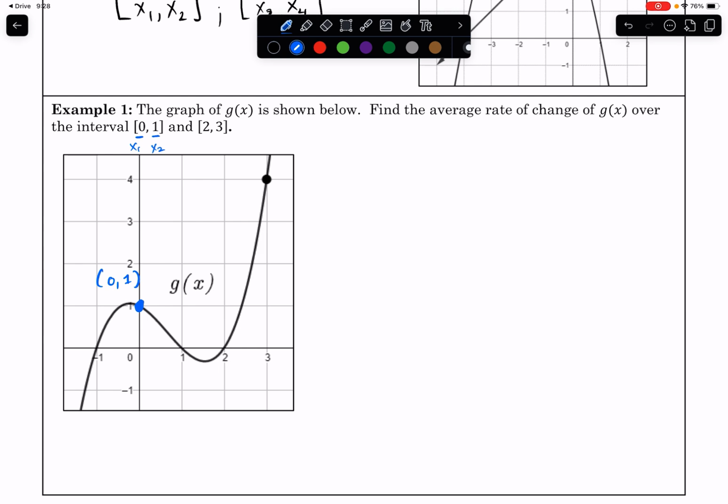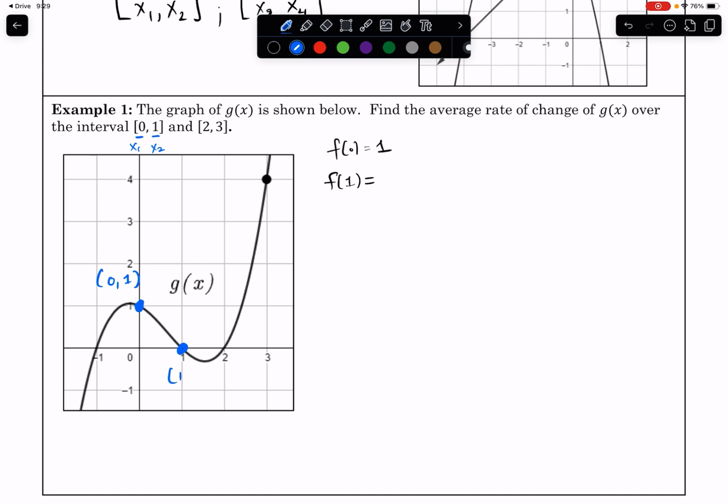At 0, remember how we evaluate functions, our y coordinate is at 1. So we have the point (0, 1). So that means that when x is equal to 0, our y value is equal to 1. And what we're going to do now is look at what is the y value when x is equal to 1. I'm going to do this one in blue also. We have that point right there at 0.